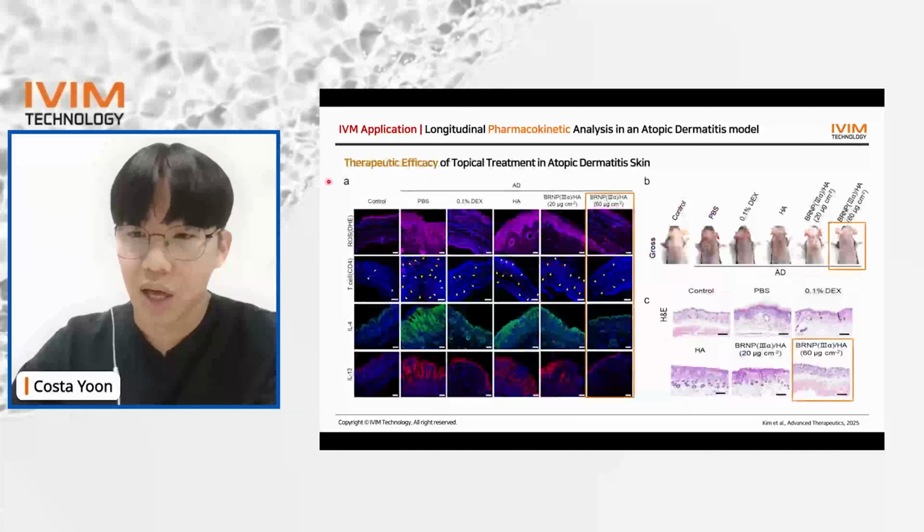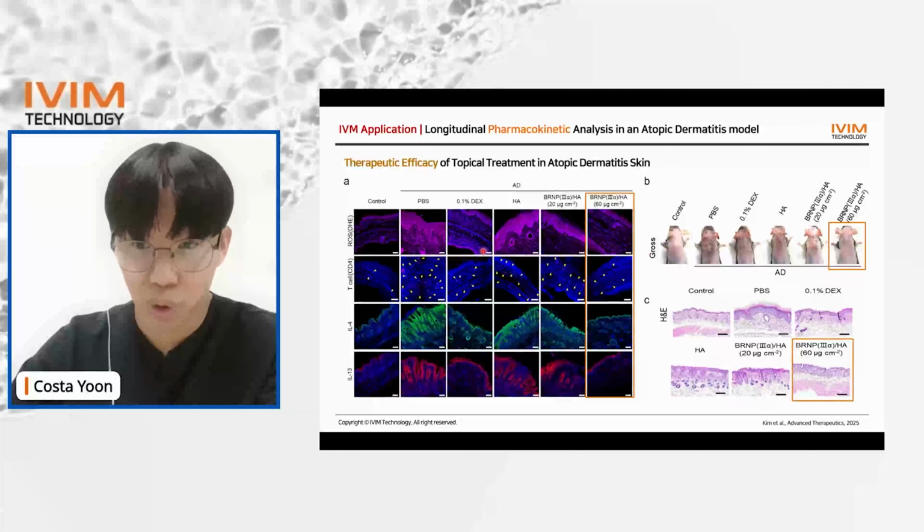The therapeutic effect of the formulation was subsequently evaluated using ex vivo analysis. With the exception of the healthy control, atopic dermatitis was induced in the remaining 5 groups. The animals received PBS, dexamethasone as the positive control, hyaluronic acid alone, or bilirubin formulation at 2 different doses.